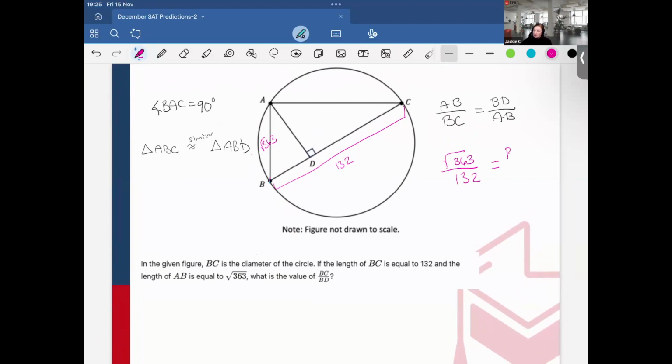BD, I don't know. That's what I'm solving for. And AB, also it's square root of 363. And then all I need to do is cross multiply. So I would get 132 BD is equal to 363. Then just divide each side by 132.